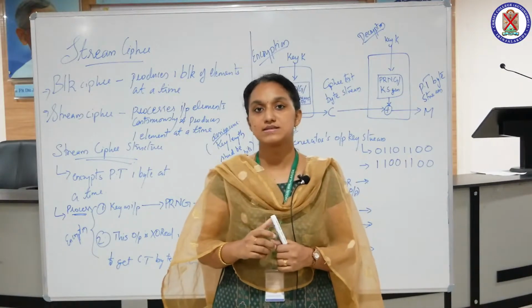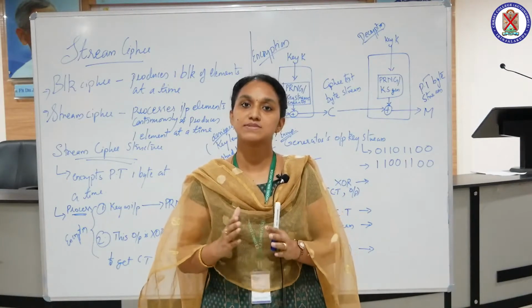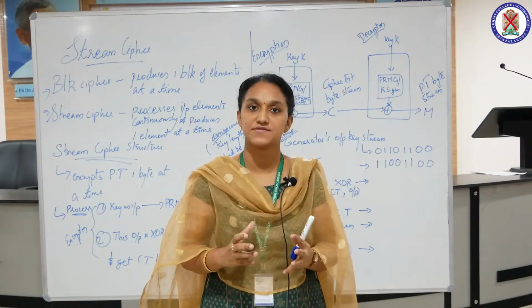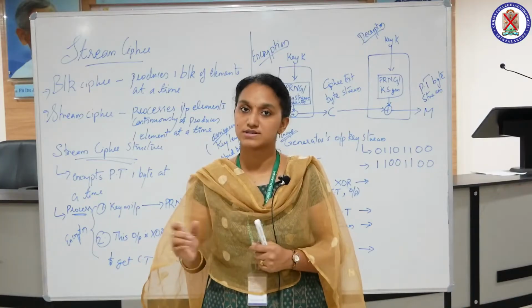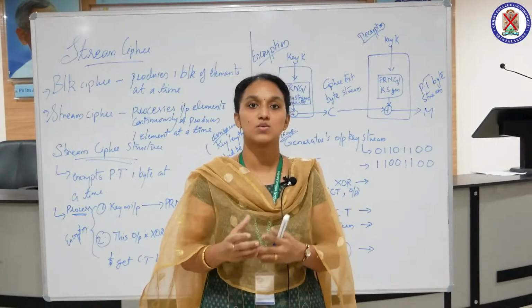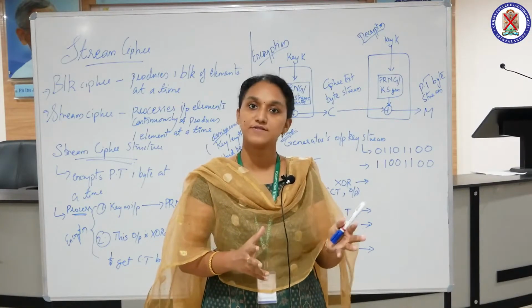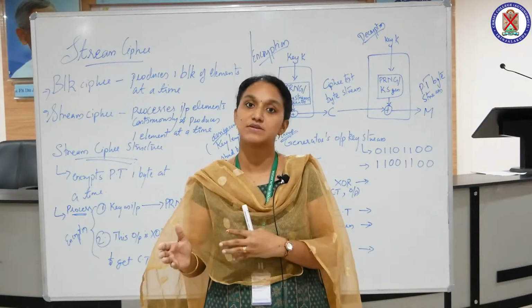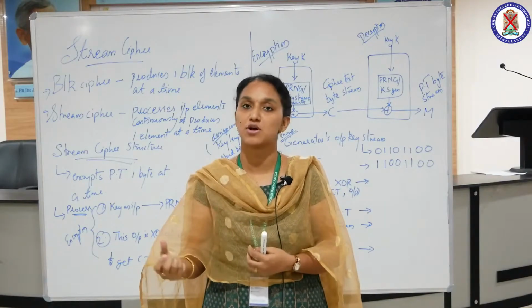Now let's study in detail the stream cipher structure. We have an idea of what a stream cipher is and what a block cipher is. In short, in a block cipher you give a block of elements as input or plain text, and a block of elements is obtained as output.